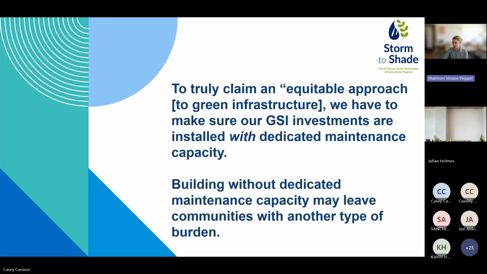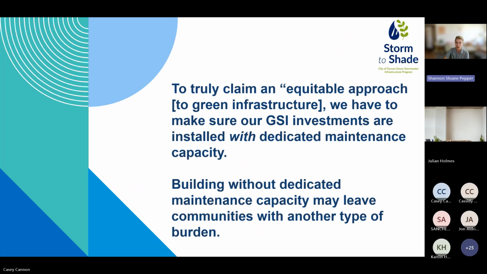And I just wanted to throw this in here. Brooke Bushman from the Storm to Shade program said this during one of her presentations that she did with me in January, and I think that she's really spot on. So the type of planning for funding that we're talking about is really essential, and it has ripple effects into the communities where we're installing green infrastructure as well.